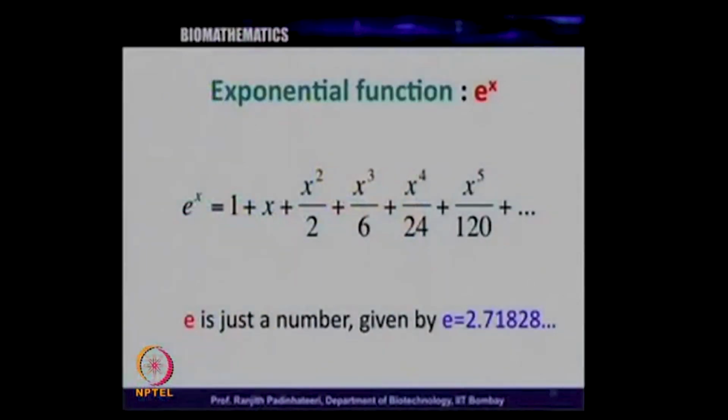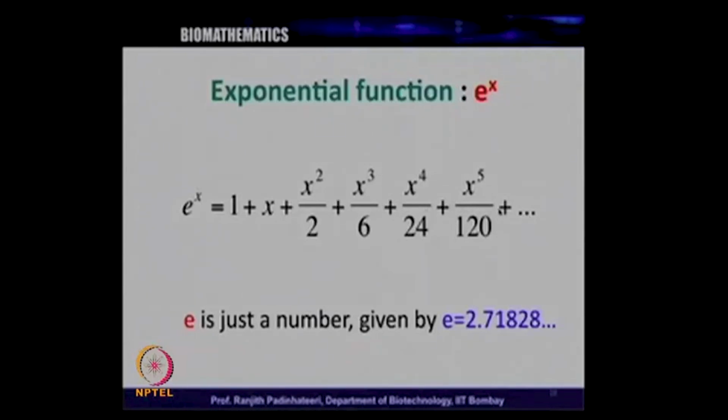Exponential function e power x is basically defined as 1 plus x plus x square by 2 plus x cube by 6 plus x power 4 divided by 24 plus x power 5 divided by 120 plus so on and so forth.